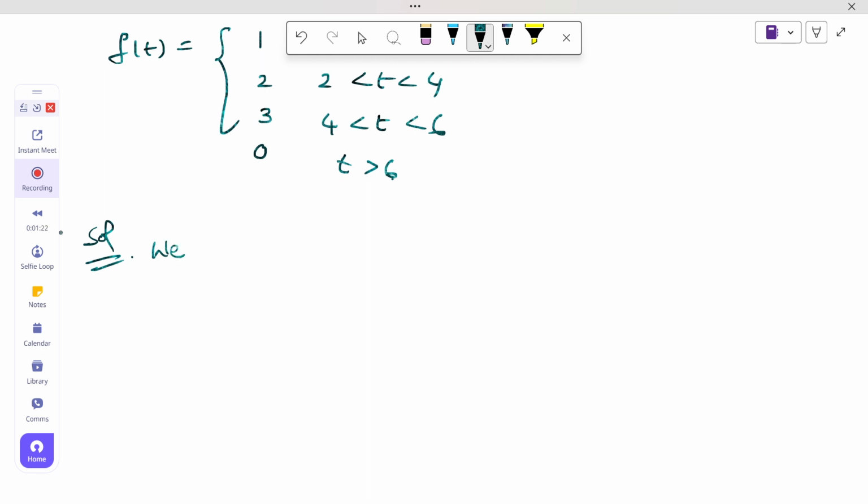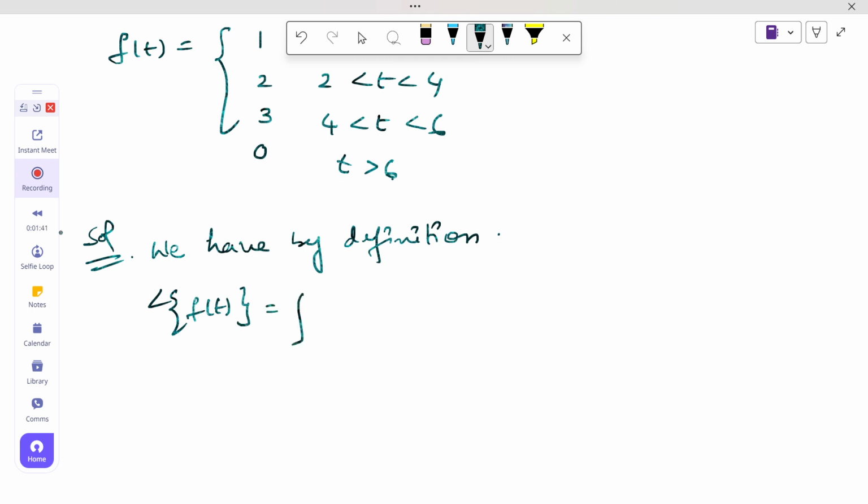By definition, we have L of f of t equals the integral from 0 to infinity of e to the power of minus st into f of t dt.